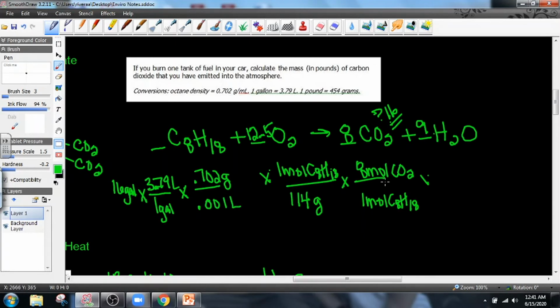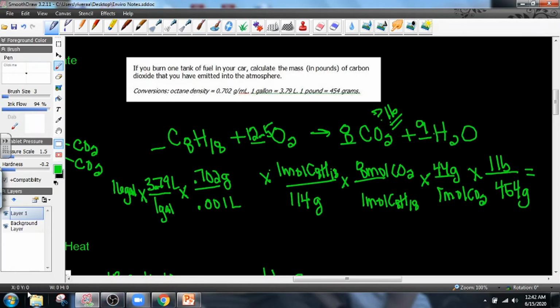Now I can use molar mass. All right, back to my molar mass of CO2. 1 mole of CO2, 44 grams. We want to turn that into pounds. 1 pound of CO2 is 454 grams.